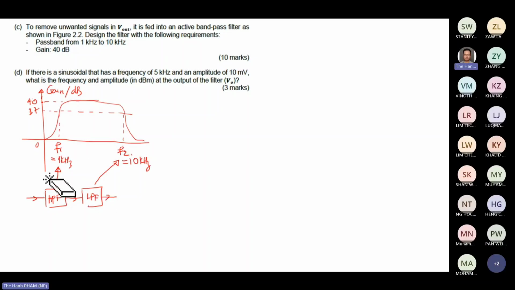So when you have this, you can already determine the formula for the cutoff frequency. The cutoff frequency is 1 over 2 pi RC, right?